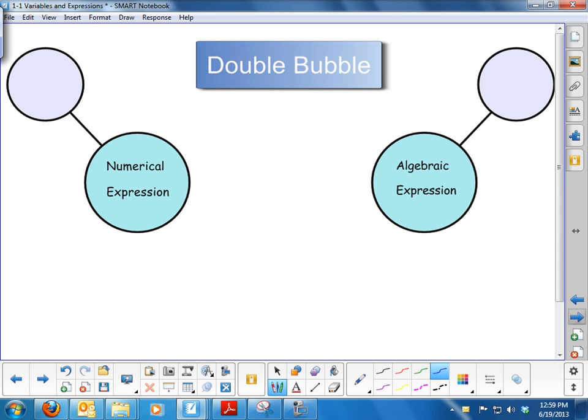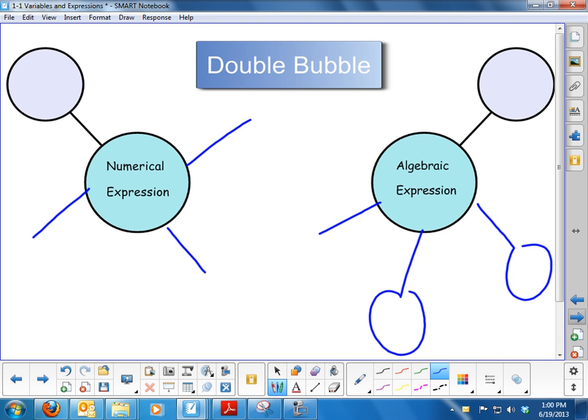So what I want you guys to do right now is reflect on some of those vocab words we just went over. You're going to create a double bubble map. On the left side, you're going to have a numerical expression. So I want you to list the characteristics of what a numerical expression is. It can be characteristics, it could be some examples. Then over on the right, I want you to create bubbles that refer to what an algebraic expression is.